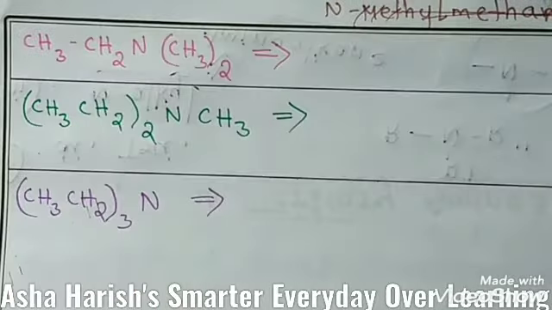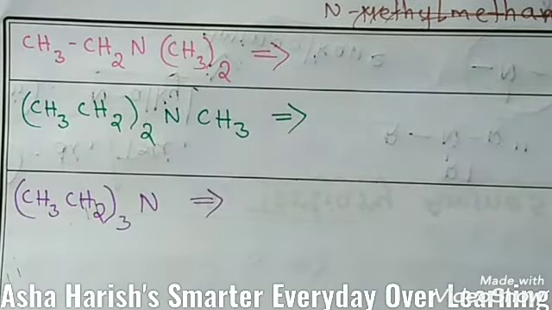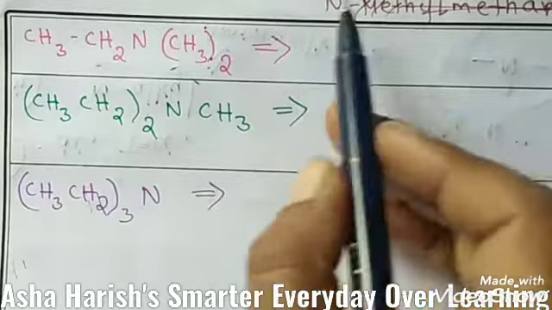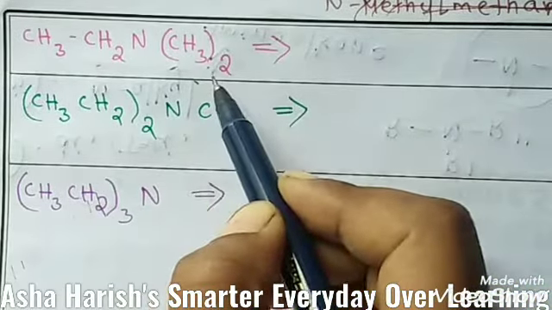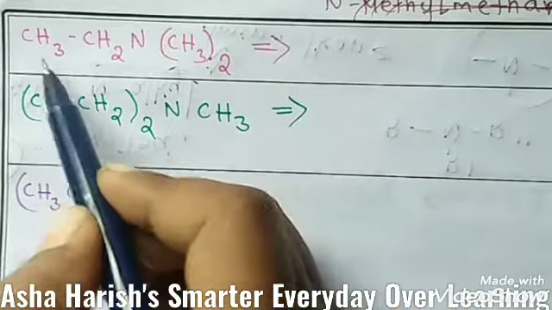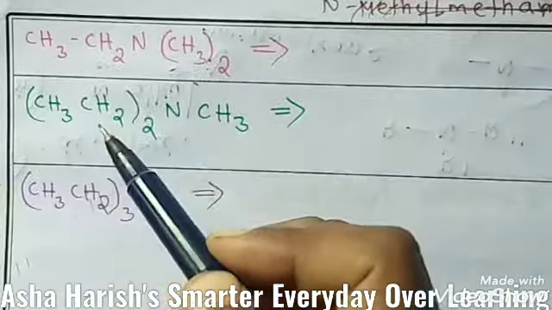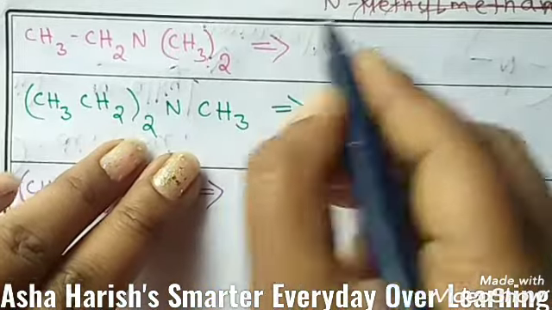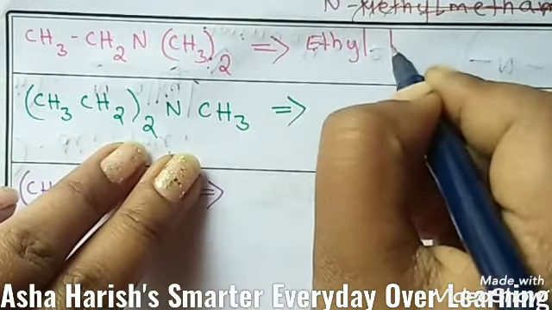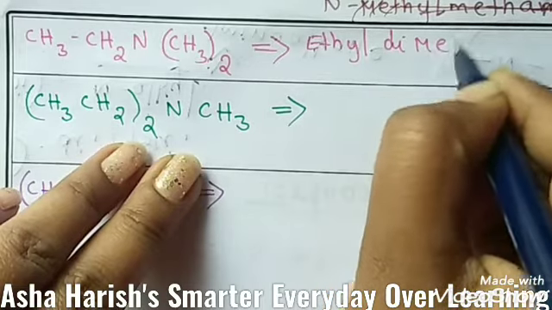Second example here, CH3CH2N(CH3)2. Here see, methyl groups, how many? Two methyl groups, but here CH3CH2, one ethyl group is located. CH3CH2 is an ethyl group, so students, you should add ethyldimethylamine.